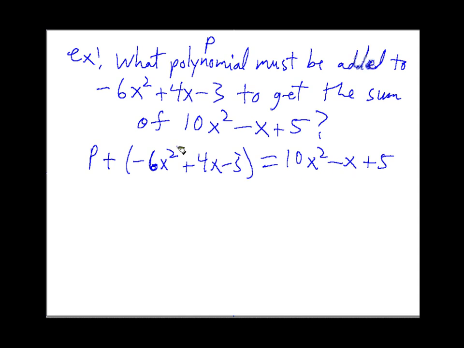Now, how do I find p? Well, think about equations here for a second. Let's call this big polynomial q or something like that. So essentially, don't we have p plus q equal to this sum right here? This entire thing here is my sum.